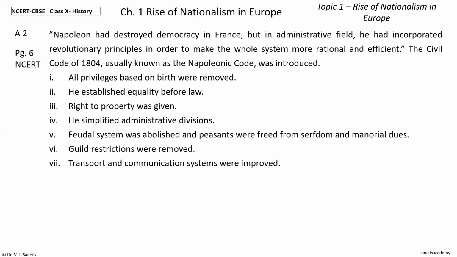All privileges based on birth were removed. He established equality before law. The right to property was given. He simplified administrative divisions. Feudal system was abolished and peasants were freed from serfdom and manorial dues. Guild restrictions were removed. Transport and communication systems were improved.